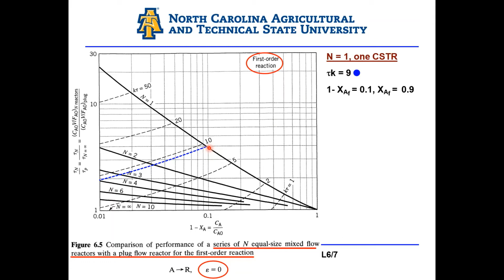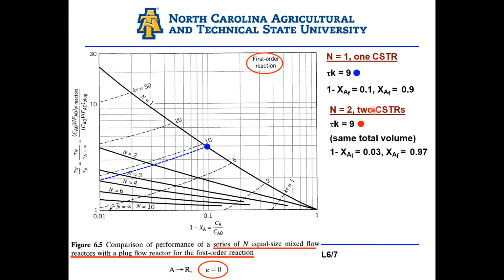What if I want to achieve XAF of 0.98 and keep the same volume? So 0.98 is somewhere here. I can achieve this with maybe 2.5 reactors.